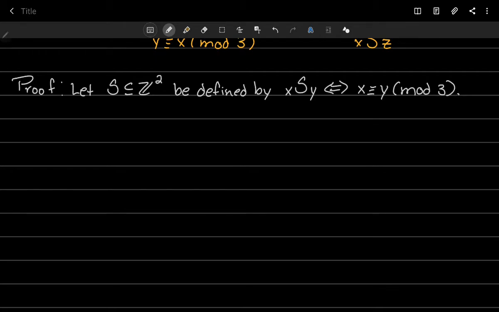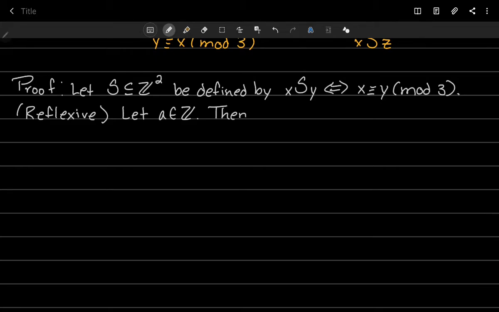Okay. Now we will work on reflexive. So reflexive starts with a for every statement in its definition. So that means I need to take an arbitrary integer. So I'm going to let a be an element of the integers.